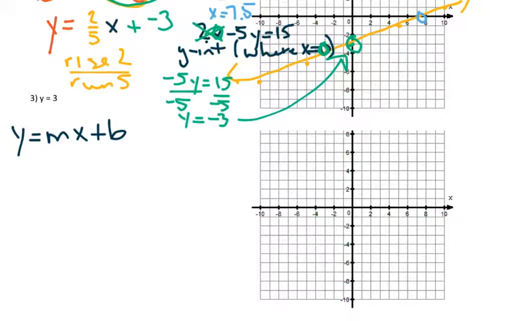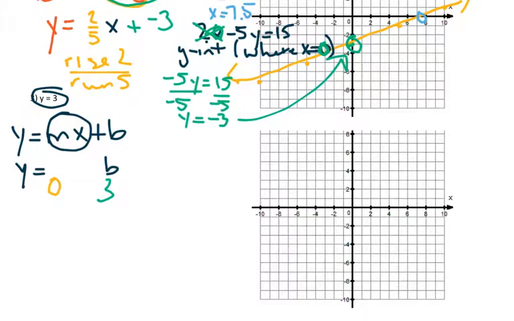And if I have 0 x's, that means this doesn't exist. So I just have y equals b. And here I have y equals 3. So yes, it does work. The b value, which is my y-intercept, is 3. My slope, which I don't see, is 0.